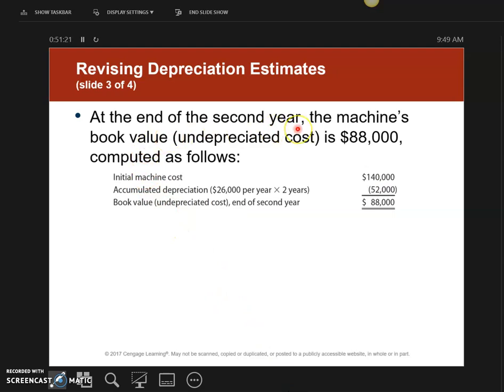So at the end of the second year, I've had 2 years times $26,000. Here's my accumulated depreciation. Here's my initial cost. So here's my book value at the end of the second year. Now I want to change either my residual or my useful life.